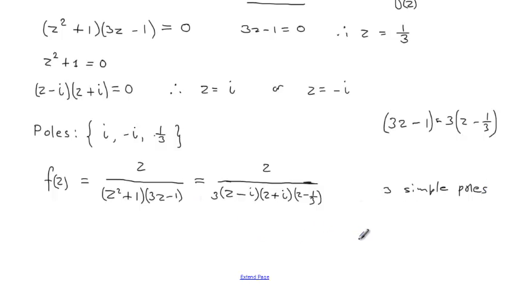Now for this, we need to recall our formula for computing residues at simple poles. Now we're going to be able to calculate the 3 residues. It's 1 residue per pole.